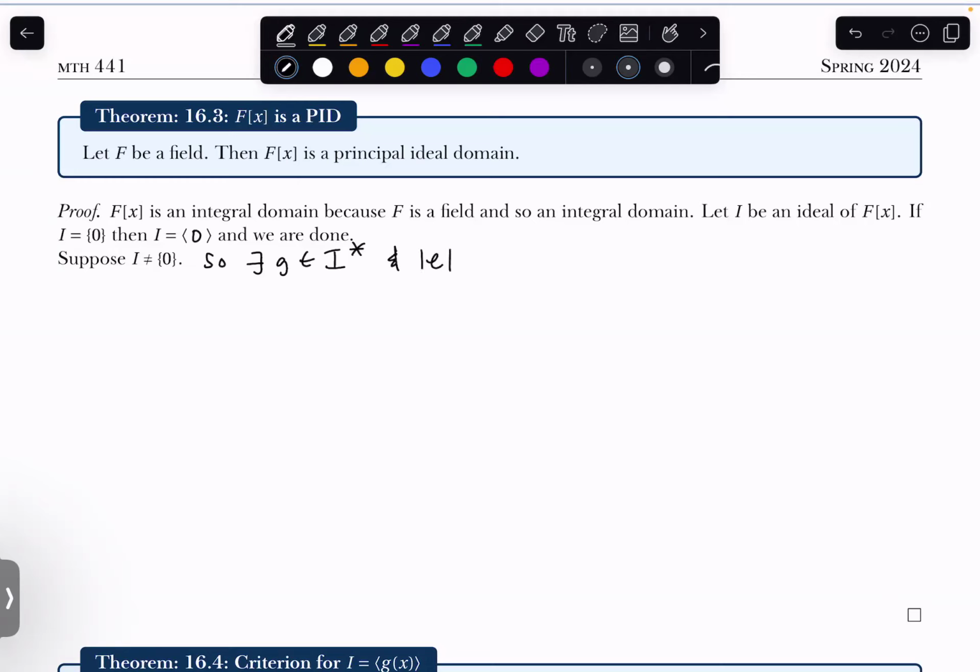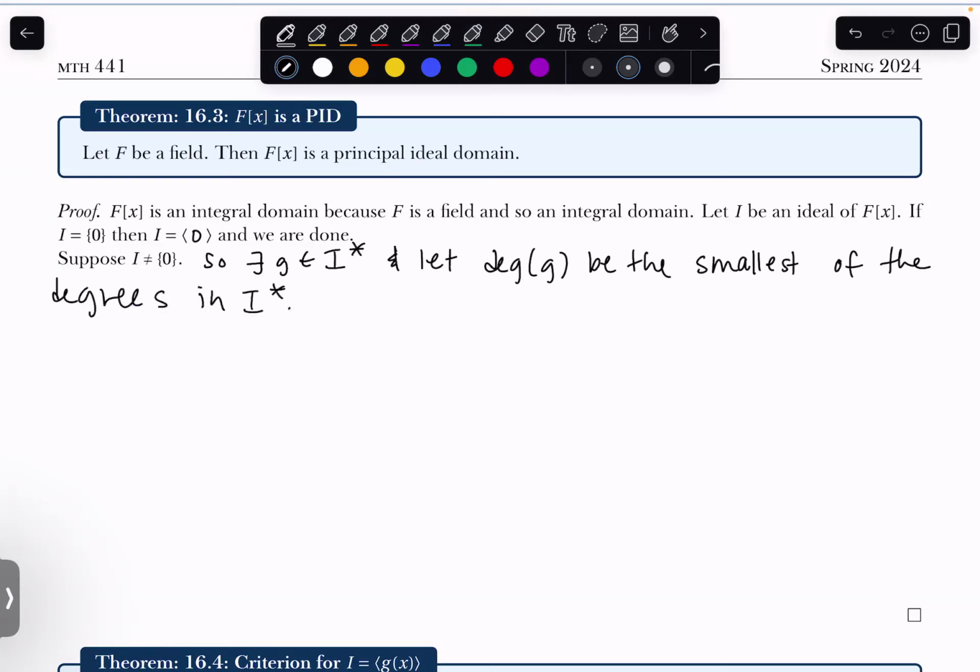And we're going to let the degree of G be the smallest, or be minimal, of the degrees in I star.